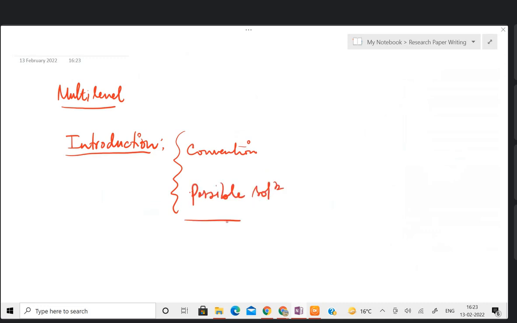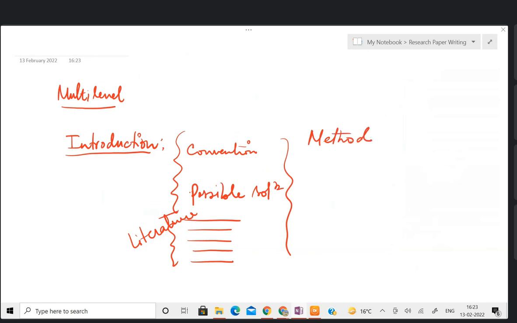Then the solution suggested by literature. Then you have to mention your method, and before that you even have to form the problem formulation.